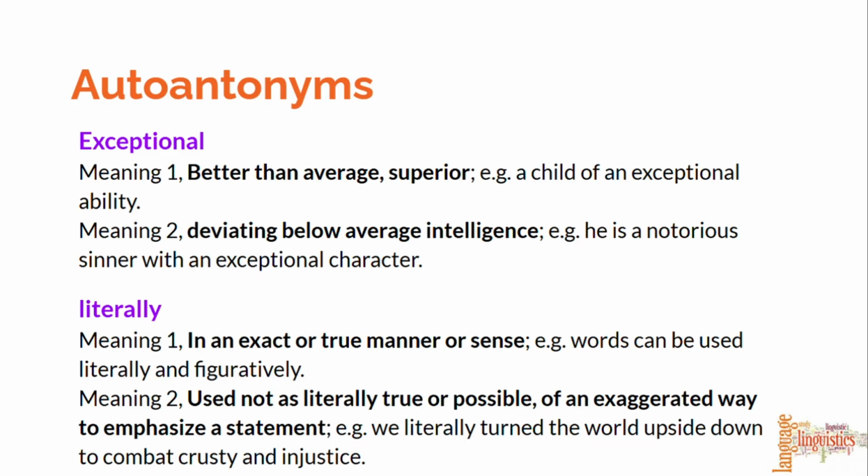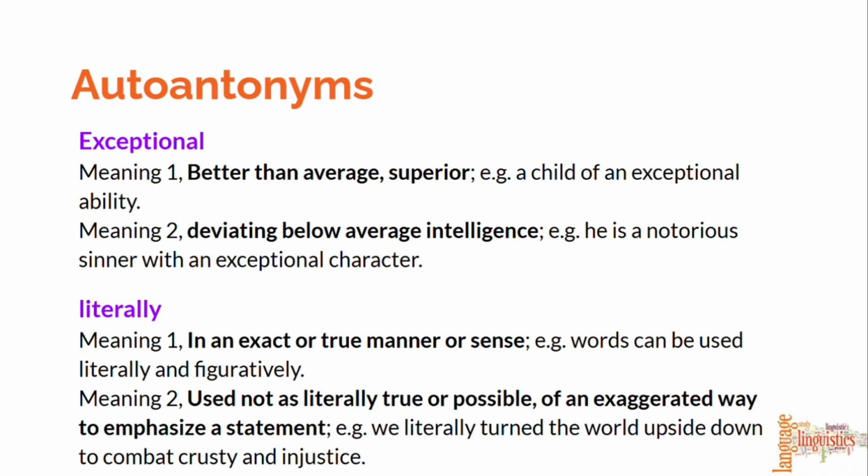Let's look at the word literally. Meaning one, it is in an exact or true manner or sense. For example, words can be used literally and figuratively. And meaning two, it is used not as literally true or possible, in an exaggerated way to emphasize a statement.